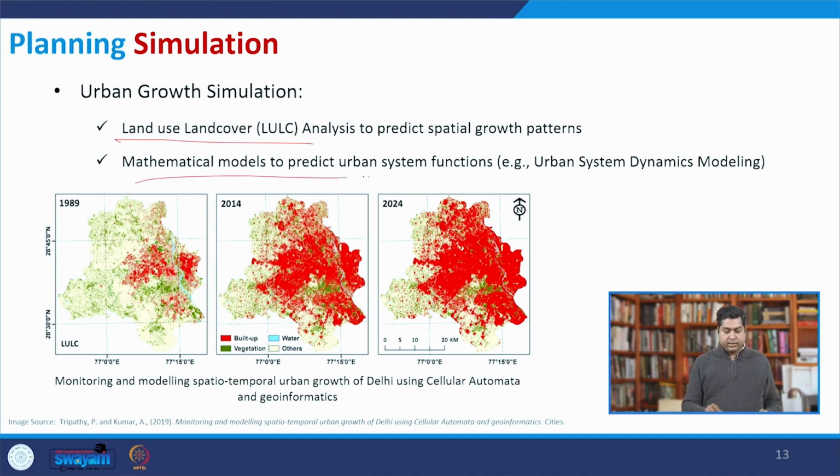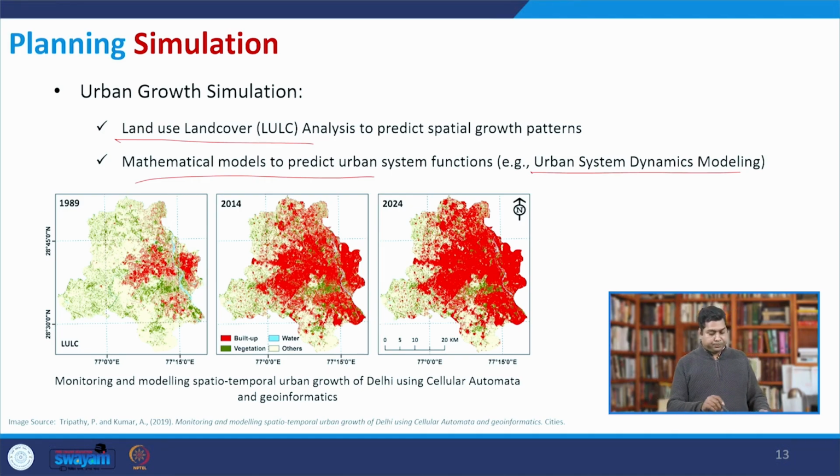Mathematical models are established to predict urban system functions, like urban system dynamics modeling, where you simulate what will be the growth in population, what will be the growth in vegetation, and what will be the reduction in the water body if the same trend continues.